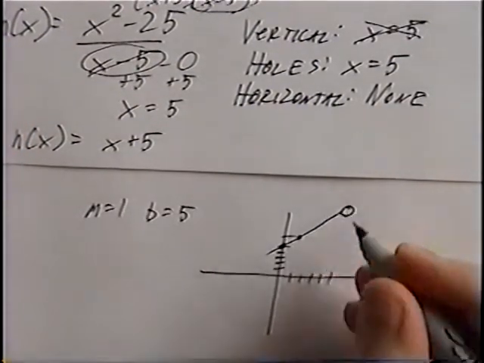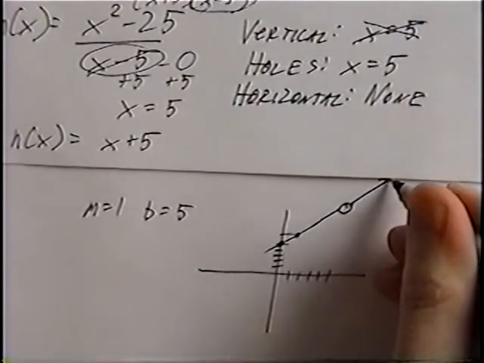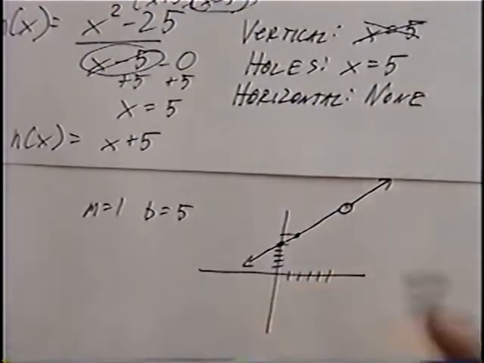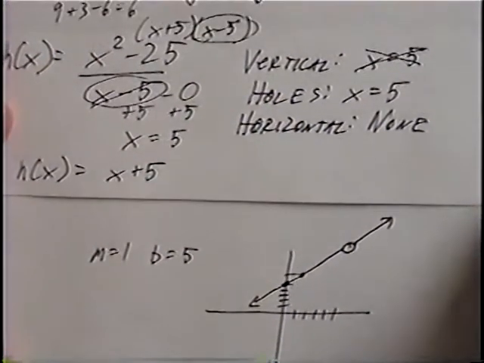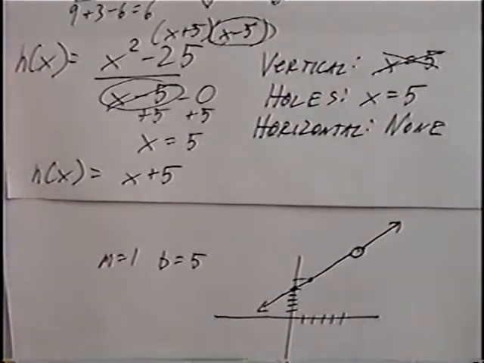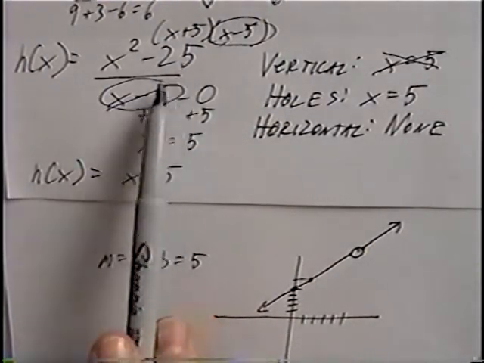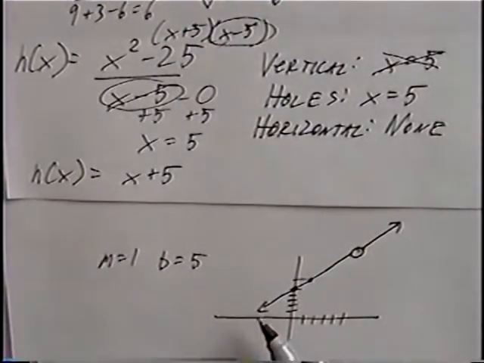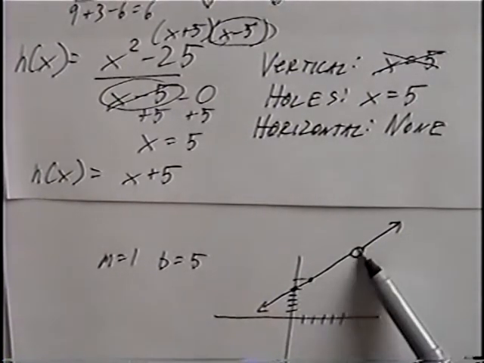The line goes to that hole, the line is going to be missing this point, and then the line will continue on like normal. And that would be the answer to the question. So our original equation, x squared minus 25 over x minus 5, is a straight line, with one exception, there's a hole at x equals 5.